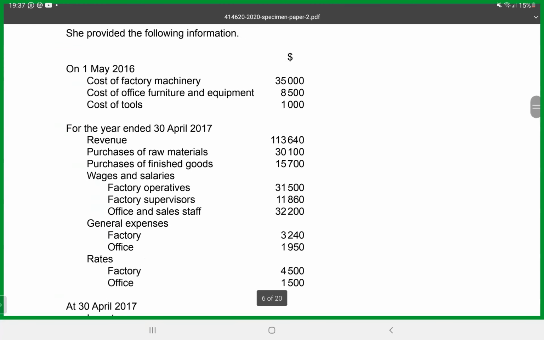How much is the cost of machinery? It's 35,000 US dollars.